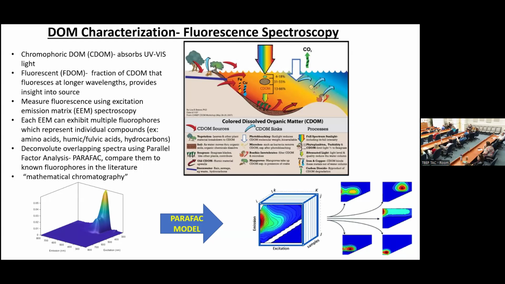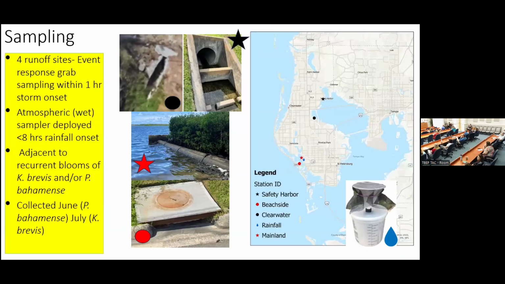So it's really useful. Getting into the sampling regime for this experiment, we wanted to sample runoff from bloom-relevant sites. For Pyrodinium bahamense, at the top, you can see those were outfalls that were sampled in Safety Harbor and Clearwater. That outfall is directly emitted into the bay. And for Karenia brevis, we had 2 sites that were collected.